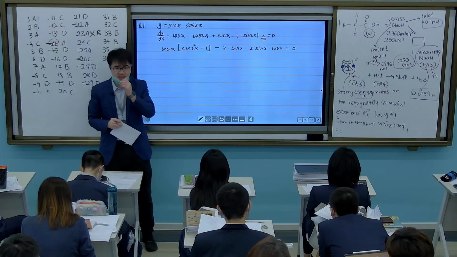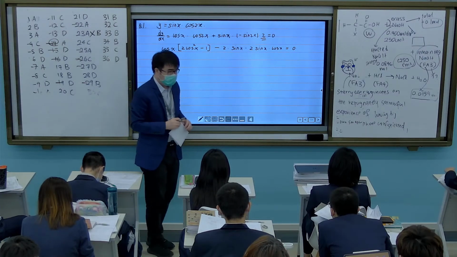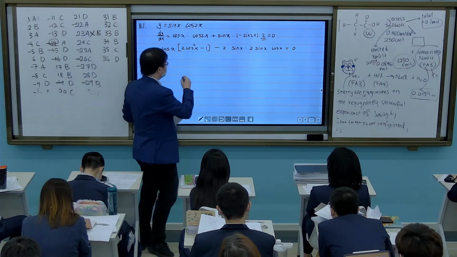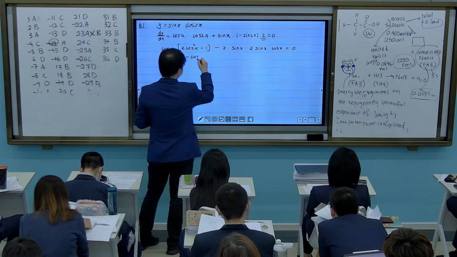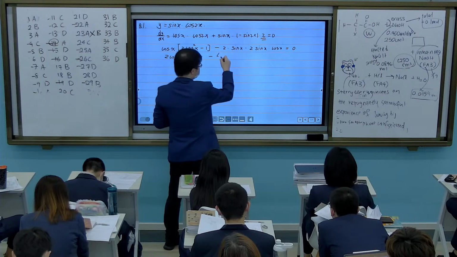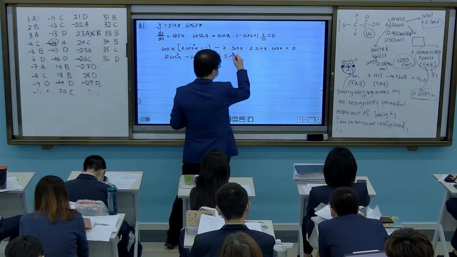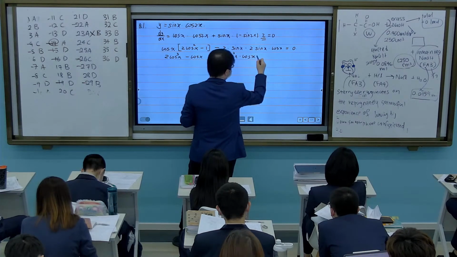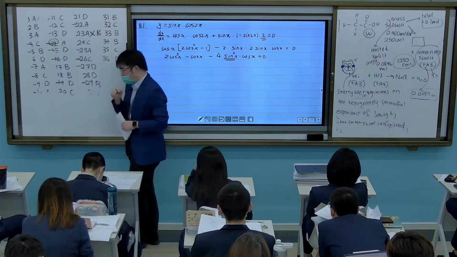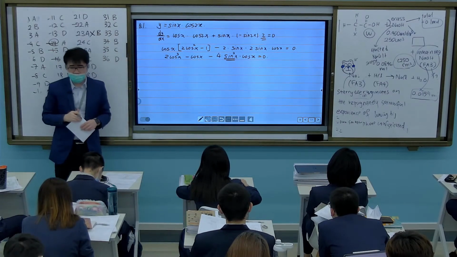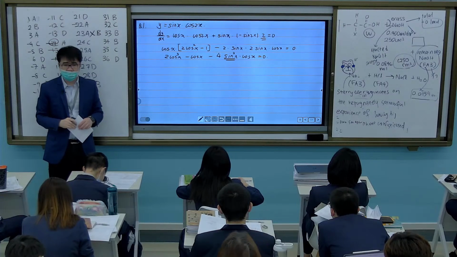Now continue with the simplification. You'll get 2 times cosine x cubed minus cosine x minus 4 times sine x squared times cosine x equals 0. I observe that the first term only consists of cosine x, right?